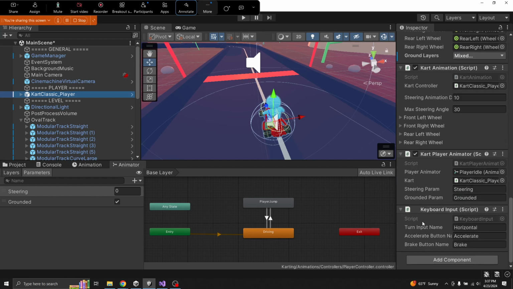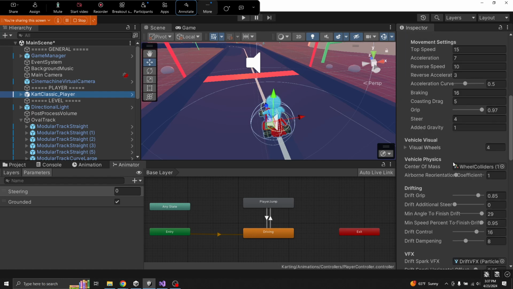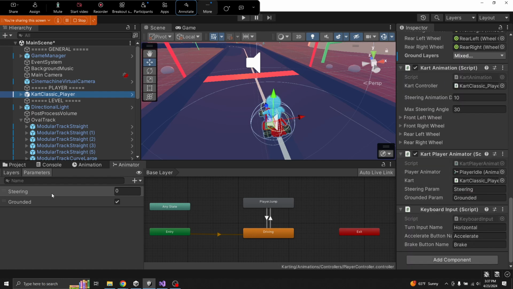All right, let me just take a little look around here. So you've got kart animation, we've got kart player. These seem to be some scripts that manage the animators, so these two we should get into. Rigid body. So that's pretty much it on the player.